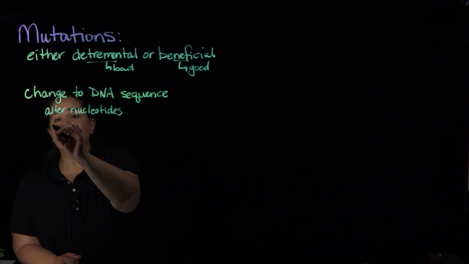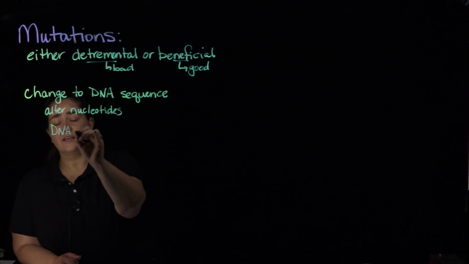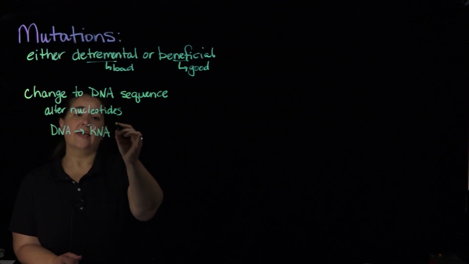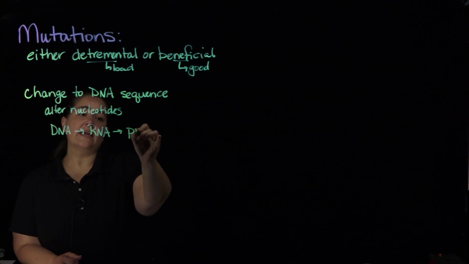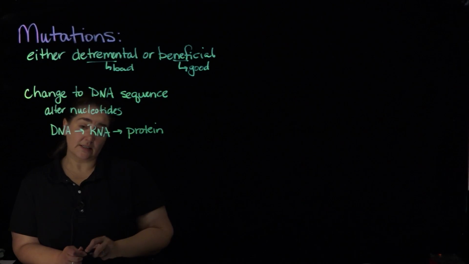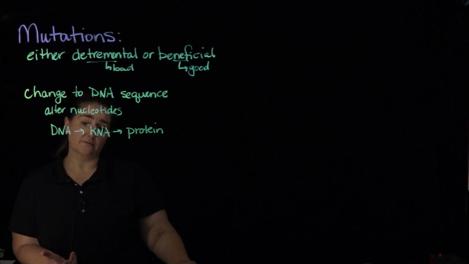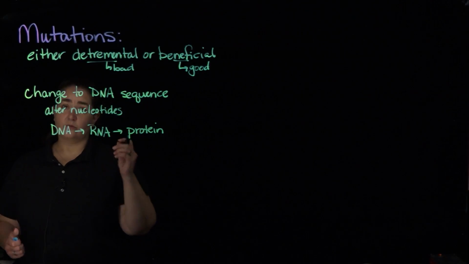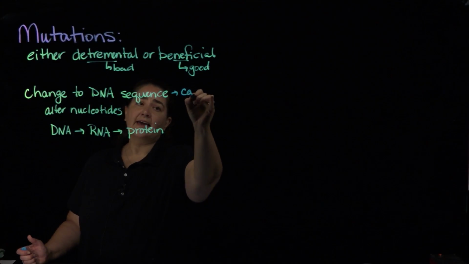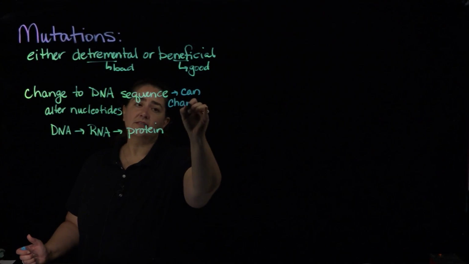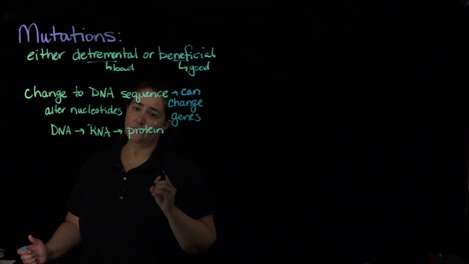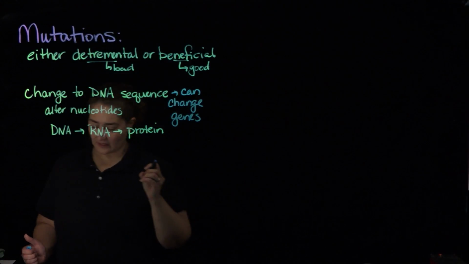When you change that DNA sequence, that's going to result in an RNA sequence that's changed, and that RNA sequence may change our protein because it can put in a different amino acid, okay? So mutations alter DNA sequences. They can essentially change the genes that are present within a particular cell, okay?